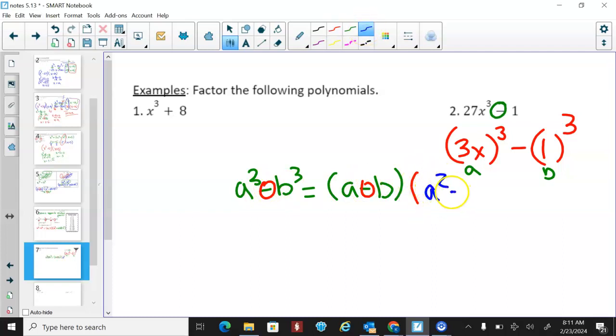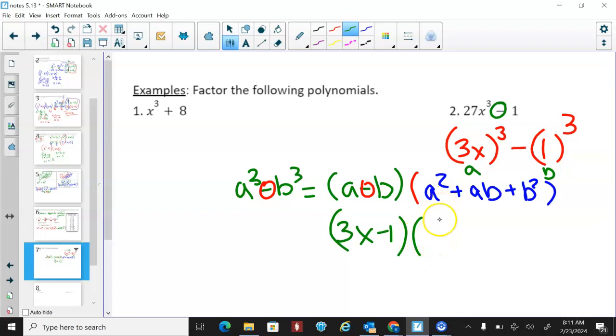a squared. Now the sign is going to be the opposite. It's going to be a squared plus ab plus b squared. Okay, so let's plug it in. I got 3x minus 1, because that's my a, that's my b.